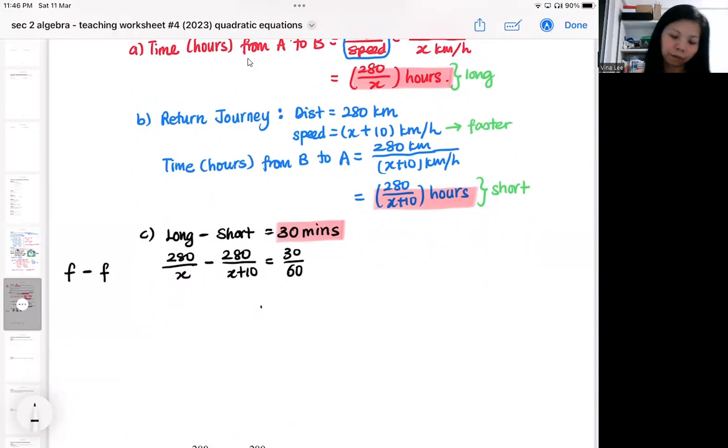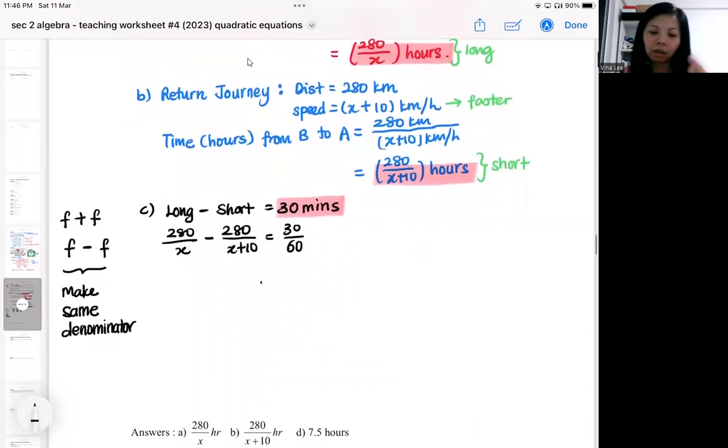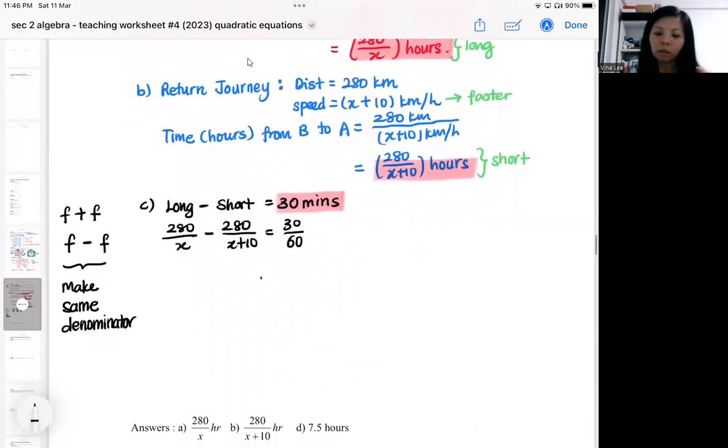Whenever it is fraction minus fraction or fraction plus fraction, you got to make the same denominator. You have done this last year, so it shouldn't be too new to you. But some of you are still very hindered when you see fractions. So in this case, I'm going to make the same denominator.